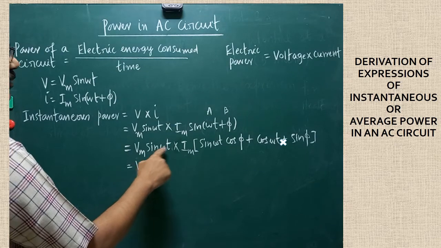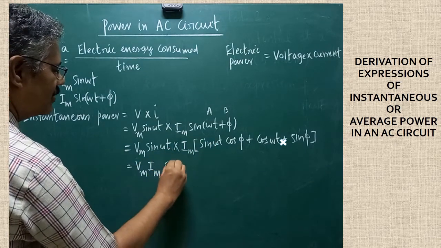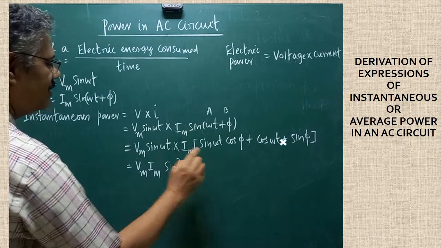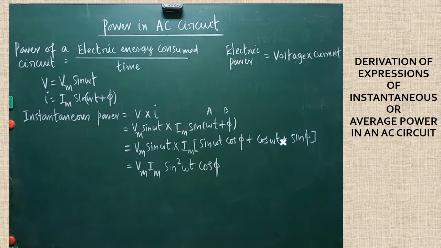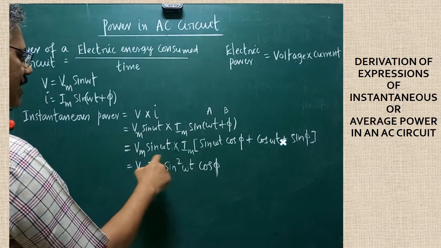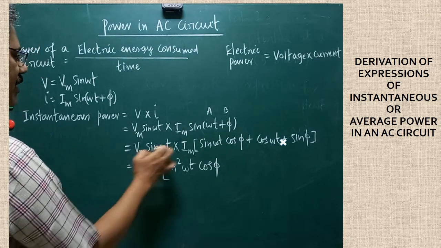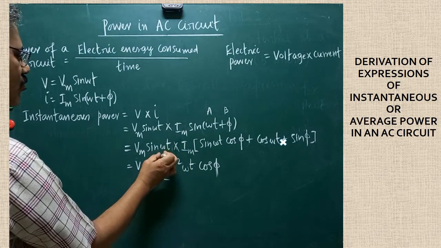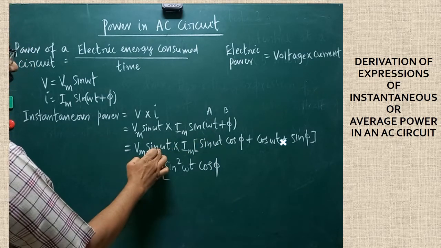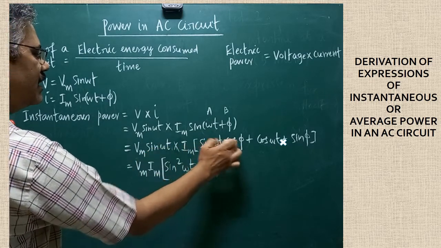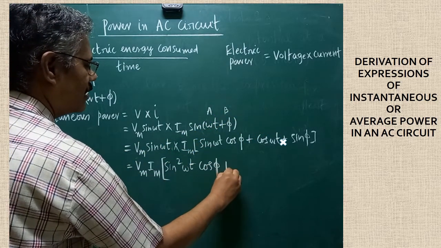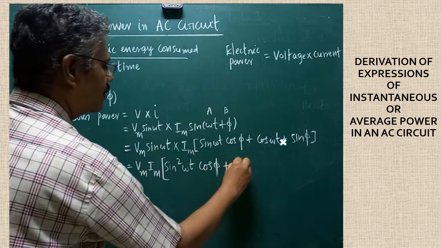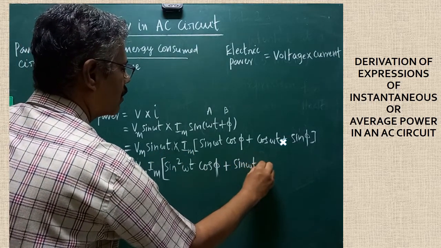If sin omega t is there, that one becomes sin square omega t, and then the remaining factor is cos phi. Vm into Im can be written outside. Sin omega t alone can be multiplied inside. Sin omega t into cos phi. Again, this sin omega t to be multiplied with this factor. So what will happen now? Sin omega t cos omega t.